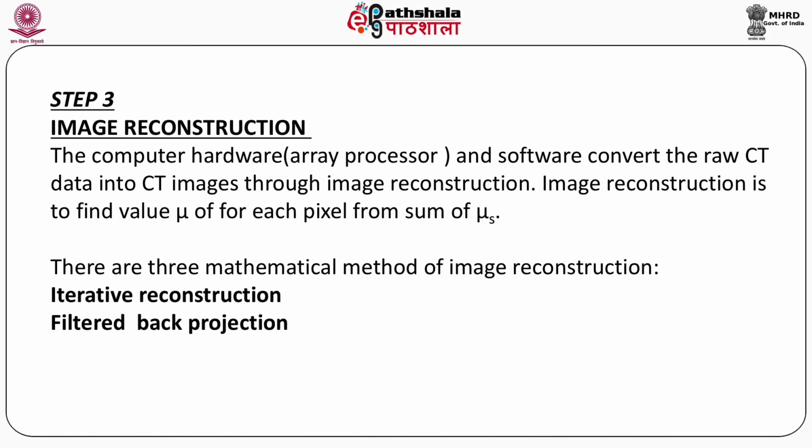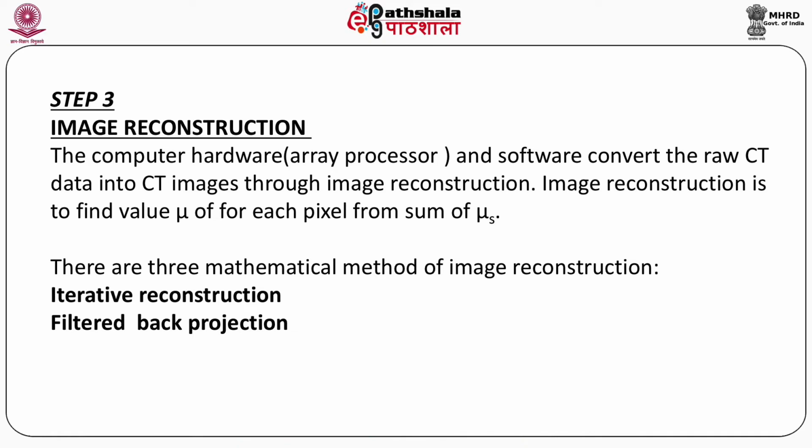Now the third step is image reconstruction. The image reconstruction involves sending pre-processed data into the array processor, and the array processor processes the data and then sends it back to the computer. So processed data are in the form of individual values of linear attenuation coefficient.